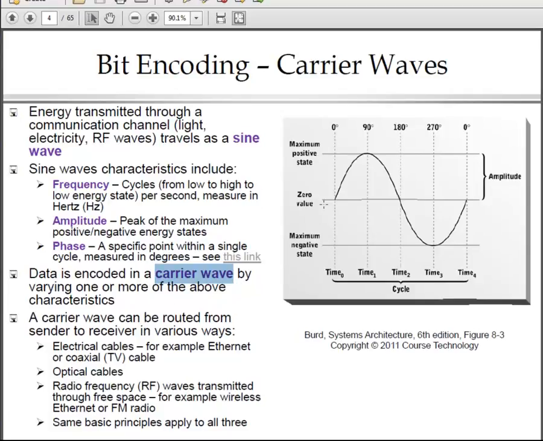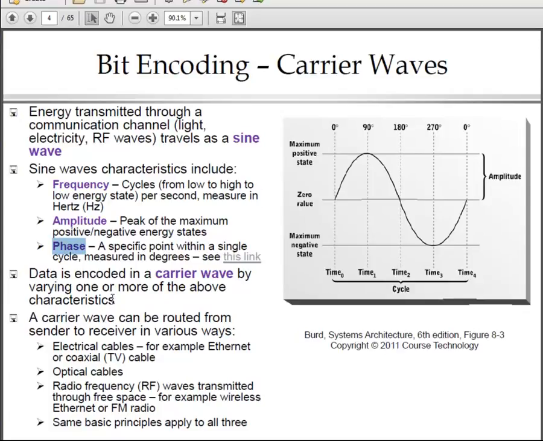Well, now we're going to rename this. That pure sine wave, which is green light in this example, is an example of what we call a carrier wave. So what we want to do is, instead of sending that pure green light with exactly the same frequency and exactly the same amplitude, smooth variation in phase, from one place to the other, we want to vary one or more of that wave's characteristics, either frequency, amplitude, or phase, and as we'll see later, maybe 2 or 3 in combination.